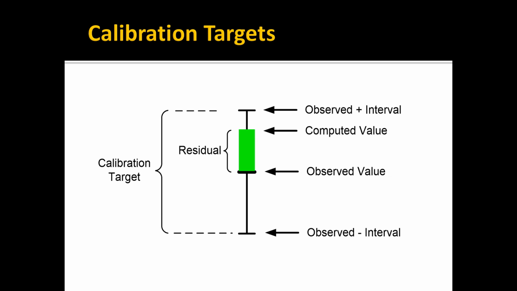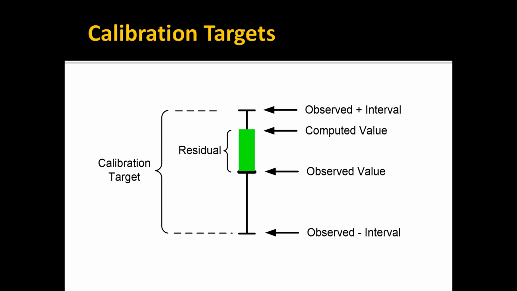Another important part of this is calibration targets. So let's suppose I have an observed value. These are little symbols that are plotted on each observation point in the main GMS window once you've entered your observation points and then read in a model solution. In this case, the computed value is above the observed value, so there's a little green bar that shows the magnitude of that.